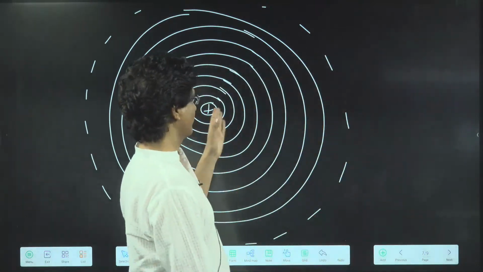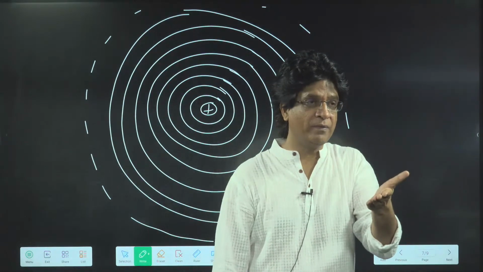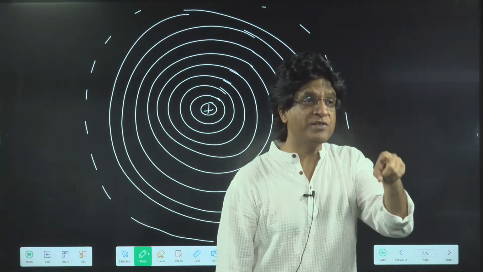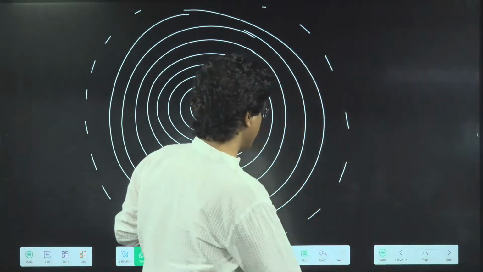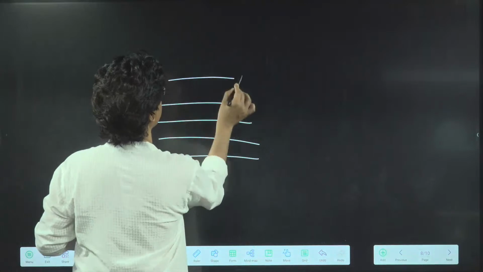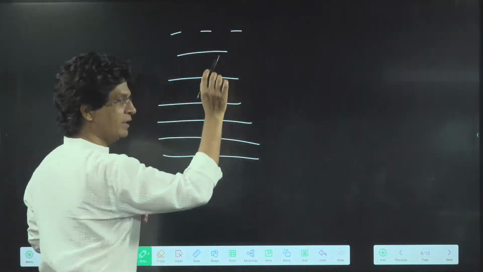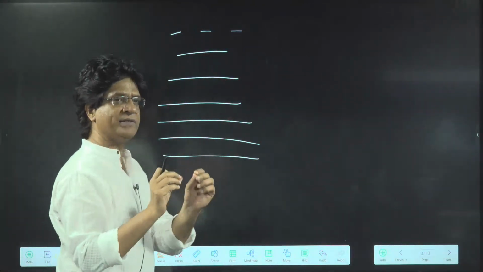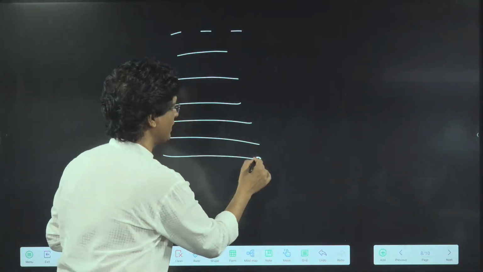Now, which orbit the electron will live in will depend on the energy you are giving to the electron. For example, I'm saying that this is the first orbit, second, third, fourth, fifth, sixth, and till infinity. If the electron has the least energy, it will live on the first orbit.